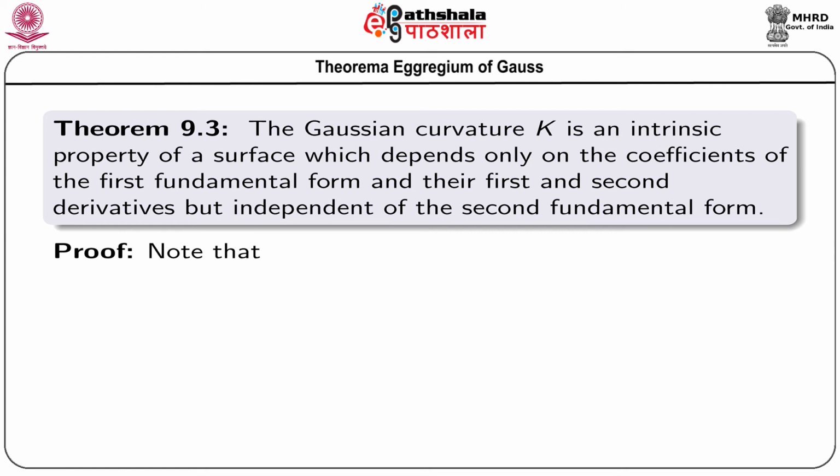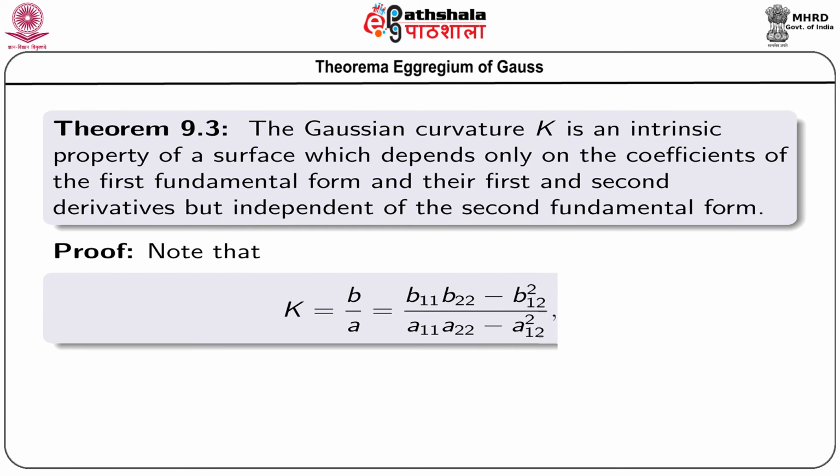Now, from the Gauss equation we have derived, that is also in our earlier chapter, that Gaussian curvature can be written as B by A, where B is the determinant of the second fundamental form, that is B11 B22 minus B12 square, and A is the determinant of the first fundamental form, that is A11 A22 minus A12 square.